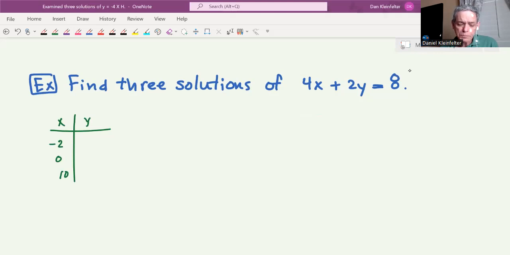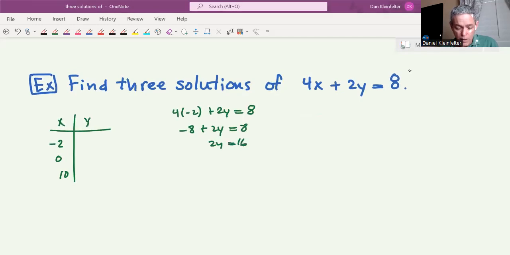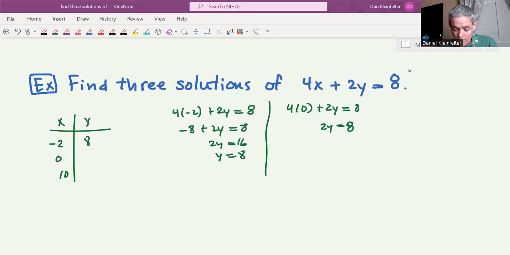Okay, so here we're putting negative 2 in for x. We're going to solve for y. Okay, it looks like y is 8 when x is negative 2. If x is 0, we're going to have y as 4.